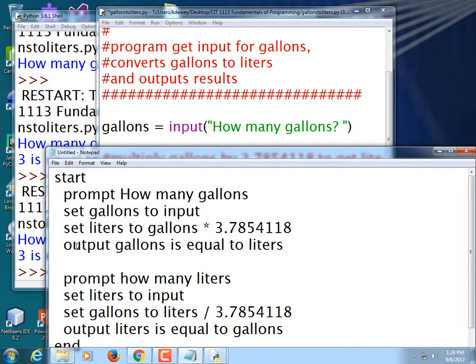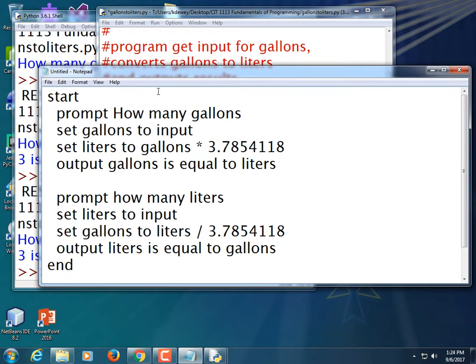Now I want you to do the same thing, but this time we're going to do inches. No, I'm sorry. Feet to meters. Let's do feet to meters. So how can I take this pseudocode and change it? So I want to do feet to meters. Where it says gallons, change it to feet. There you go. And where I see gallons, change it to feet.